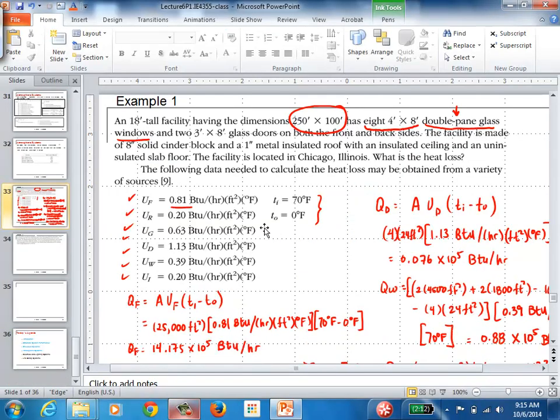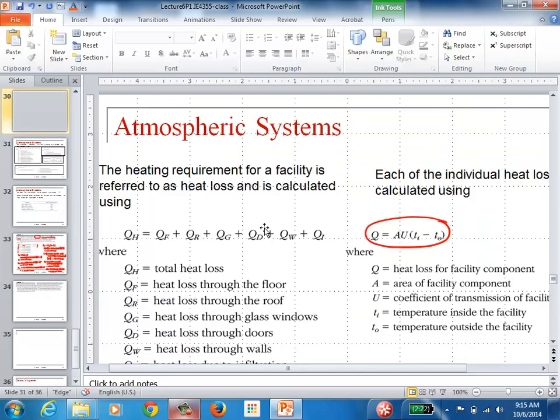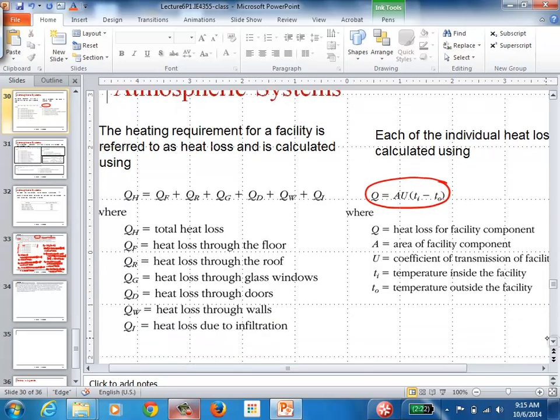What is QW? That's the walls. Yeah, so you find the area for the walls, and you need to subtract the area of the windows.